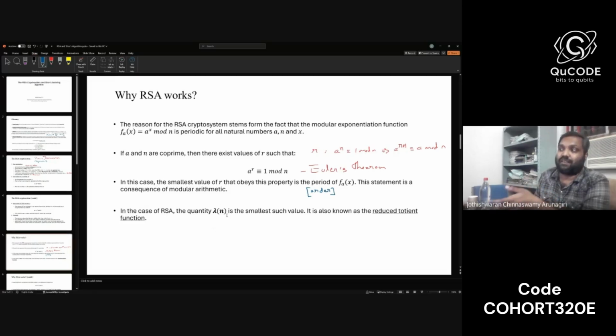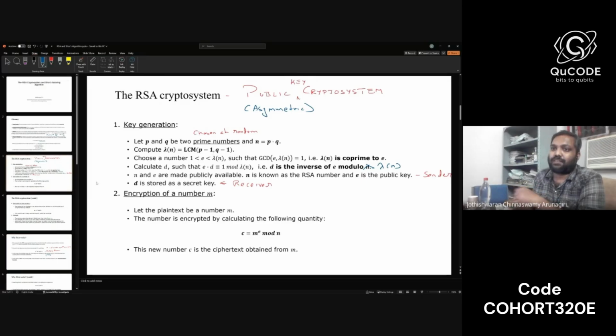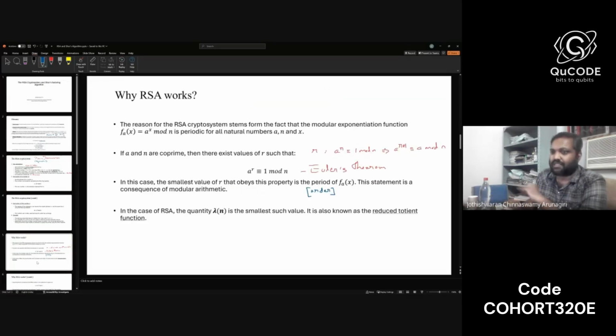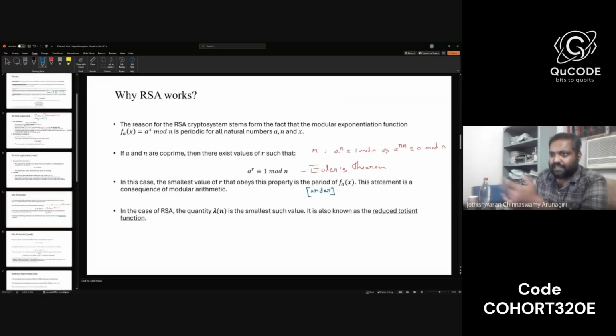That is lambda of n, and this number is called the reduced totient function, also known as the Carmichael totient function. For any number that is a product of two primes, it is defined as LCM of p minus 1 and q minus 1. There is a general definition for any natural number, but that is not our primary focus here, so we shall not discuss too much about that. I encourage you to look these things up.